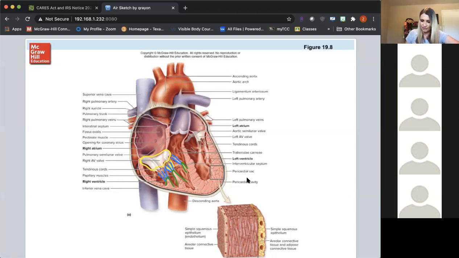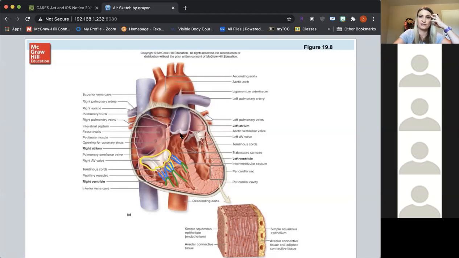So that's that. Then we have this pulmonary valve, pulmonary semilunar valve here, and that's right here. Again, I have to wait for it to show up because of this lag, but you can see the label on the image and see what it points to.